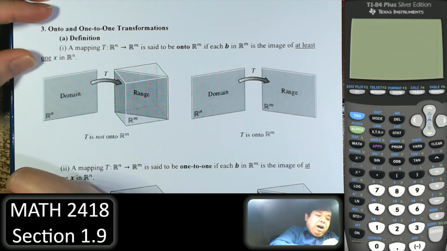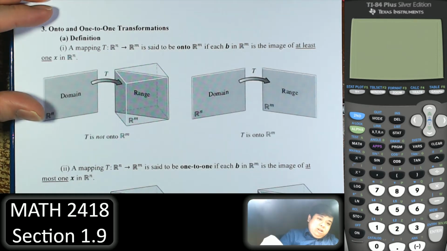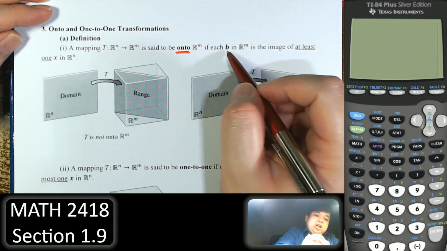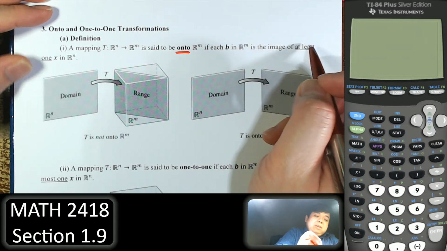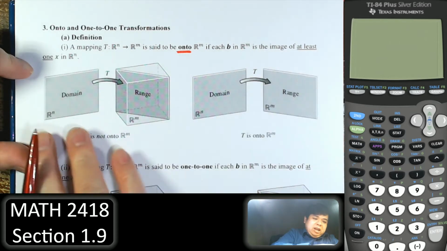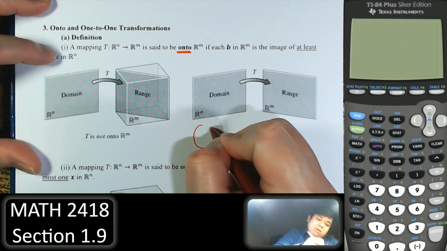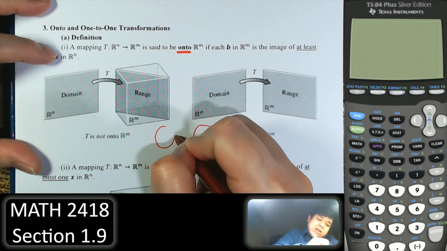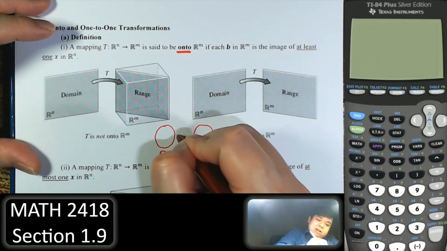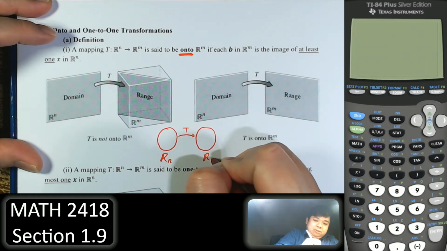Definition. A mapping T from Rn to Rm is said to be onto Rm if each b in Rm is the image of at least one x. It's kind of difficult to see here, but let's draw something very simple. We have Rn, transformation, Rm.